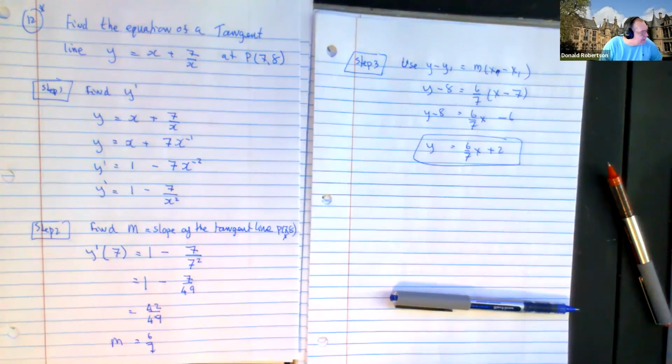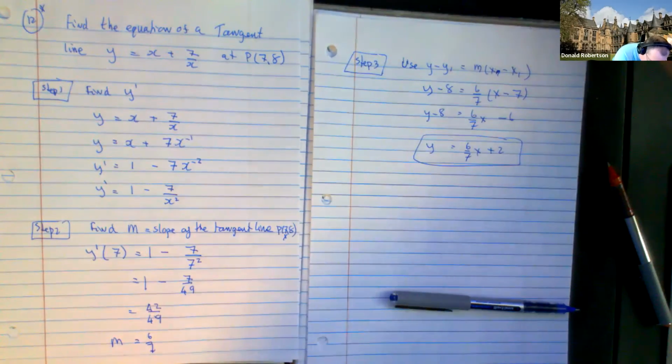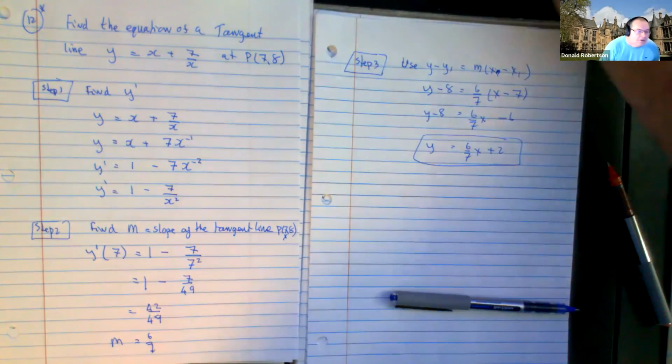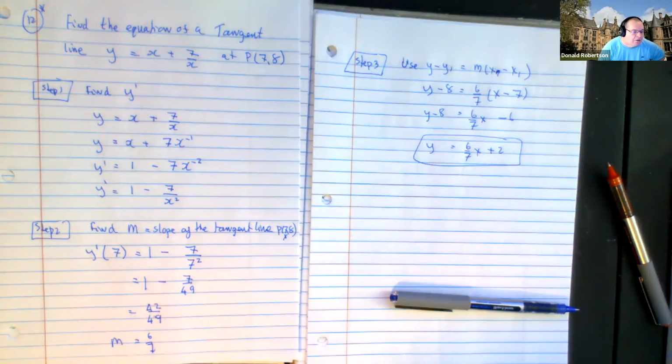Well, that's the plan. Do I have Desmos set up yet? Okay, I will do that. Bear with me for a few moments. Oh, come on, computer, stop being a pain. There we go.